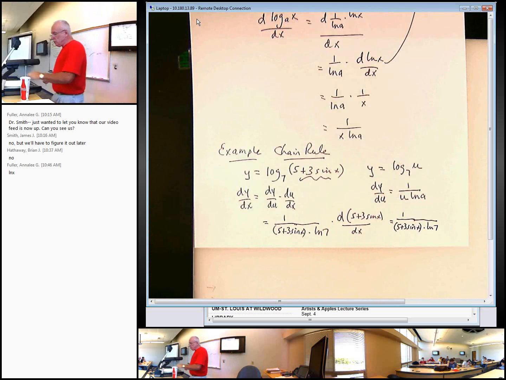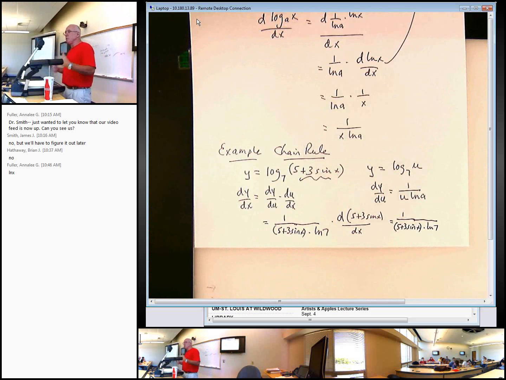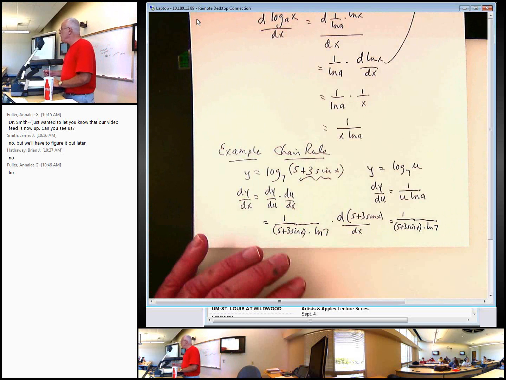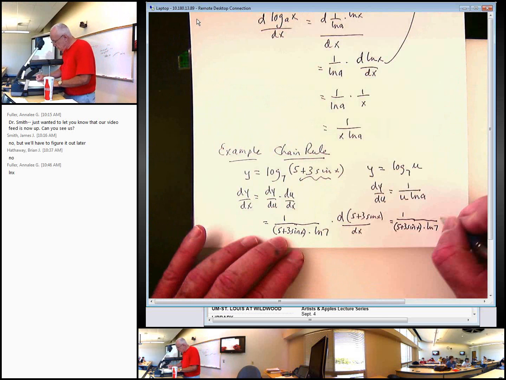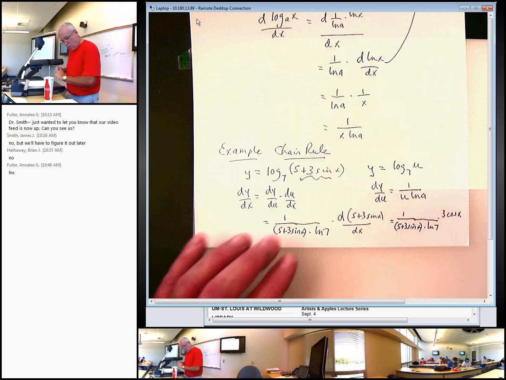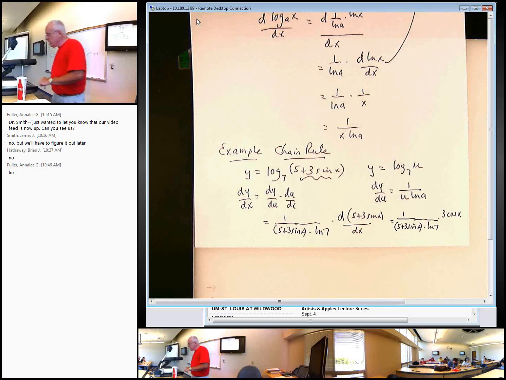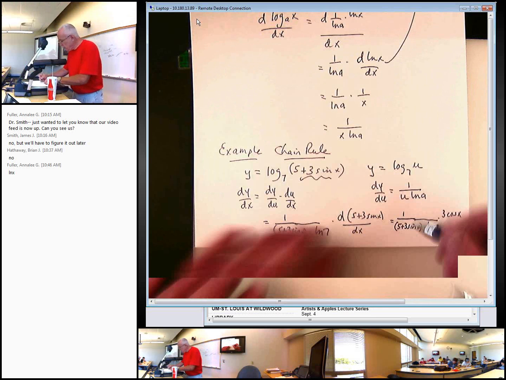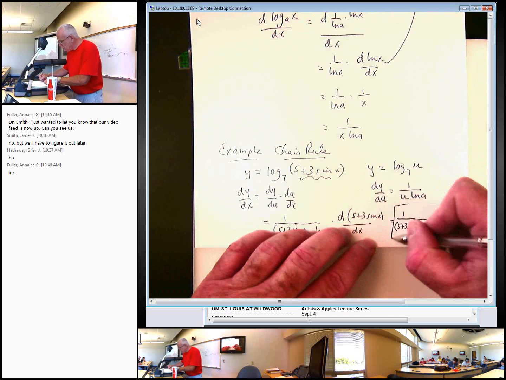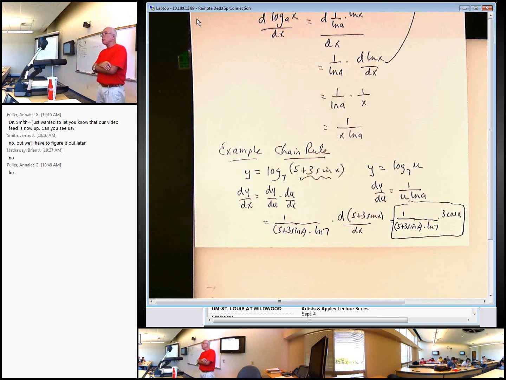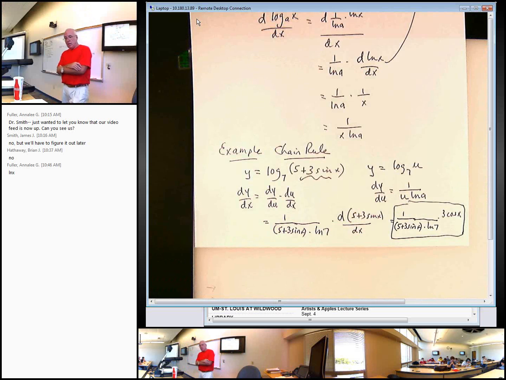And then we do the derivative of our inside function. The derivative of 5 is 0. The derivative of 3 times the sine of x is 3 times the cosine of x. And of course we can write this with 3 times the cosine of x in the numerator. And that's our answer.